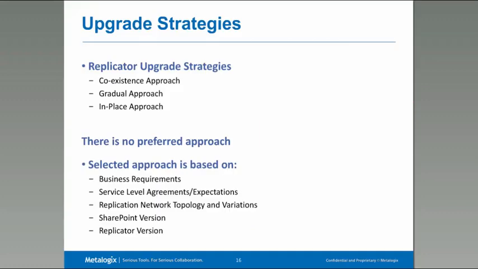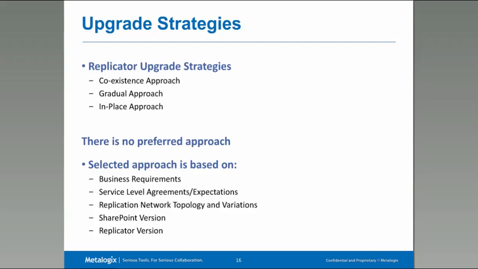Okay, so we'll talk about upgrade strategy, and we're getting close to the end. Some of the strategies are a coexistence approach, a gradual approach, or doing everything at once. There's no real preferred approach, and no real best practice put forward by us.